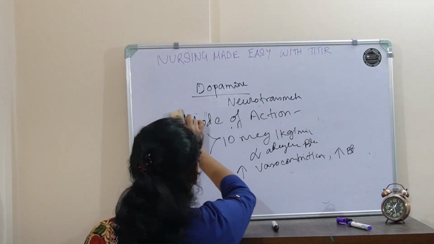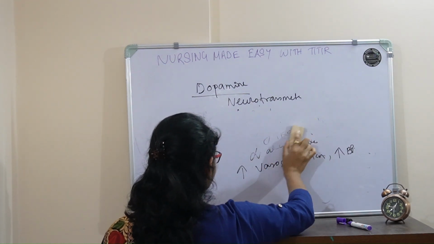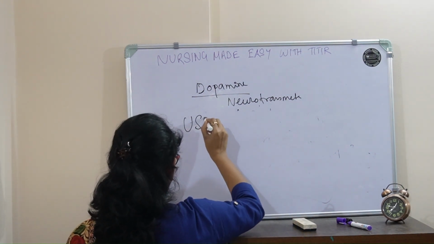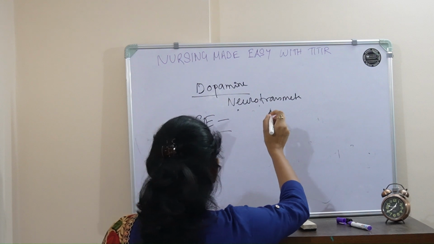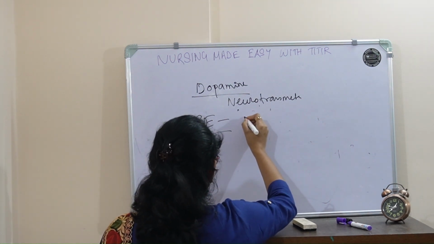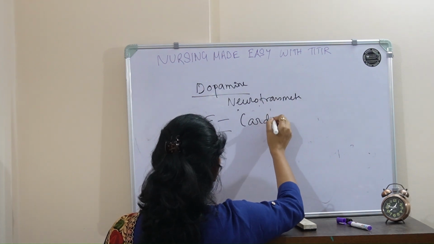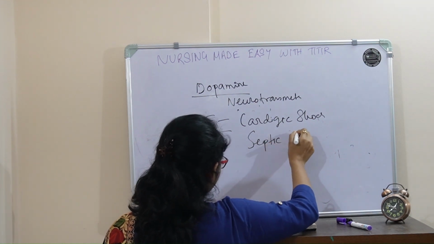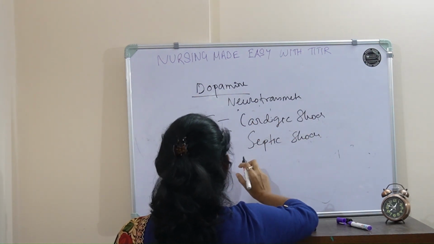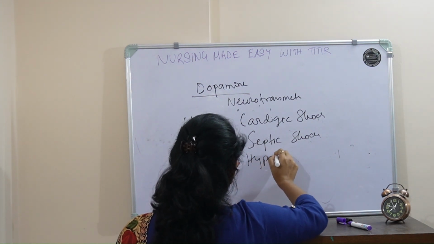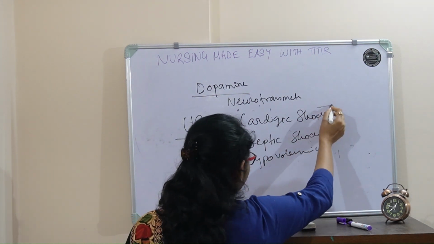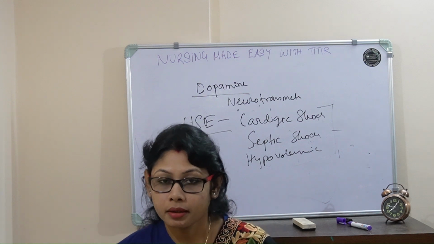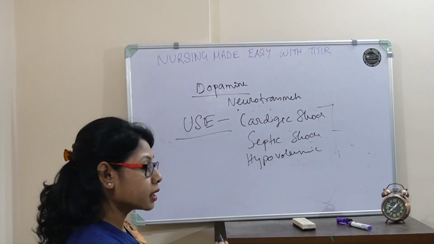Okay, let's go for the medical use. Mostly this drug is used for cardiogenic shock, septic shock, and hypovolemic shock. Why? In these three cases, there will be compromised renal perfusion, so it will help to increase the renal perfusion.